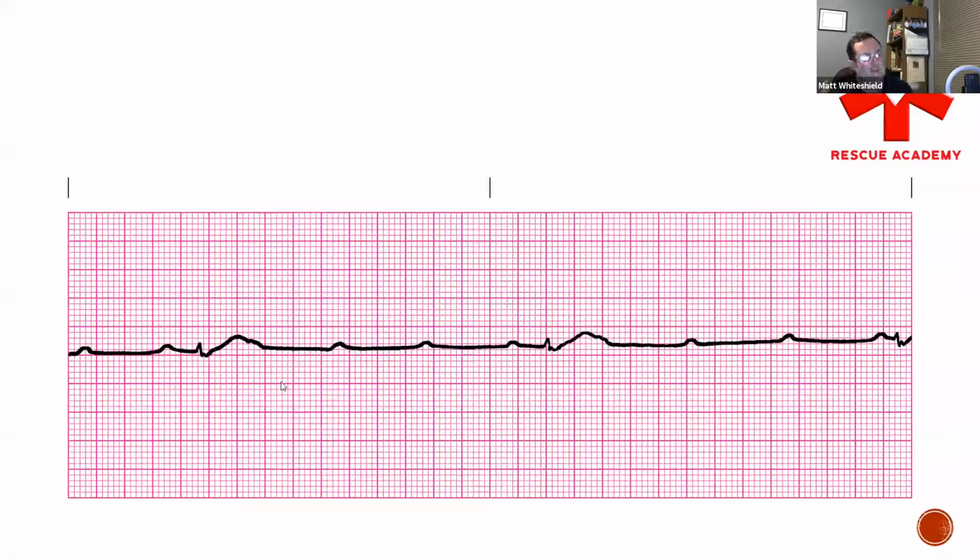So this is a funky looking one. What are you guys gonna call this one? Easy, careful. The only reason why I say that, look here. We have these little funky looking QRS complexes, but look at this PRI compared to this PRI, all right?